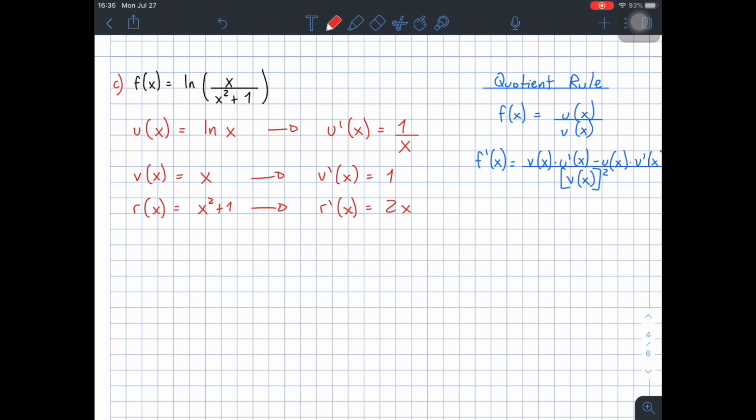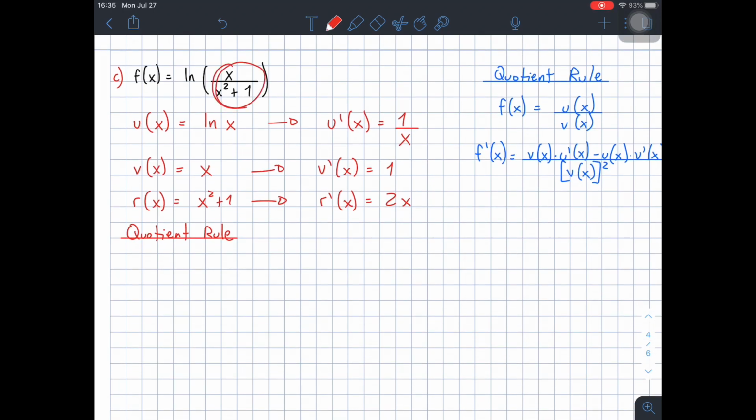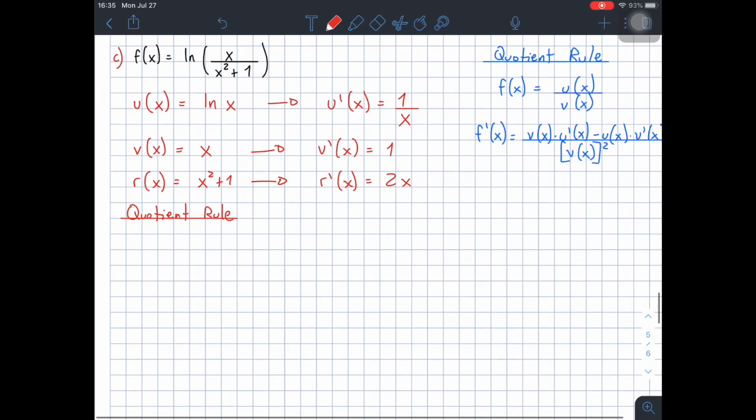Okay? So now I will apply the quotient rule, only for these two functions, v of x and r of x. Let's call the derivative g prime of x, just to give it a name.